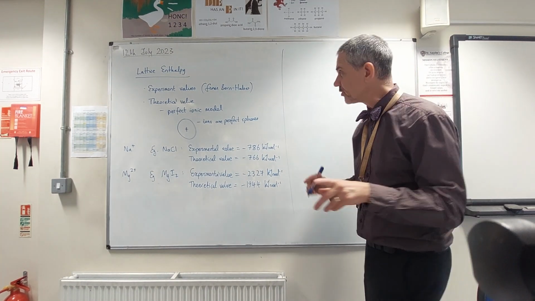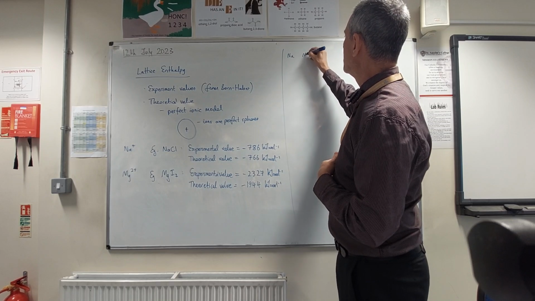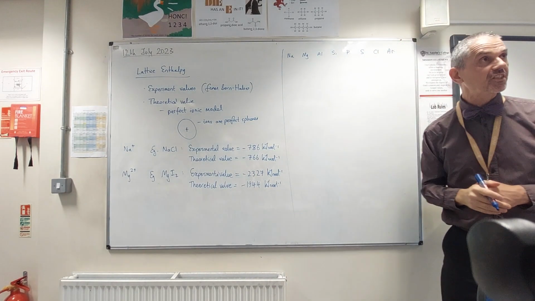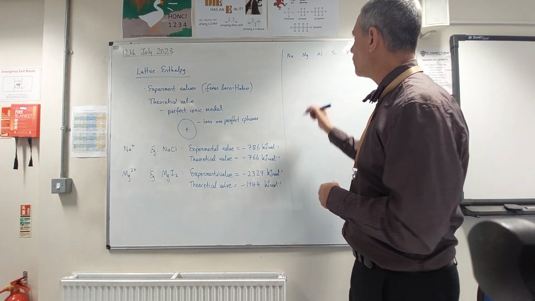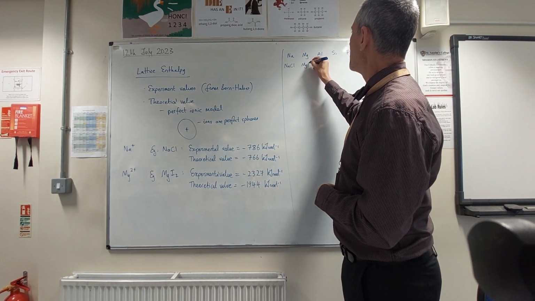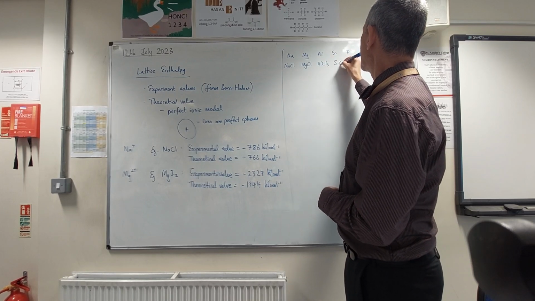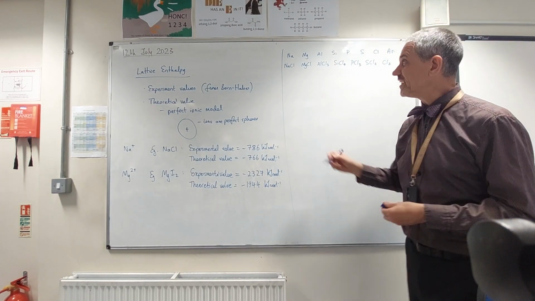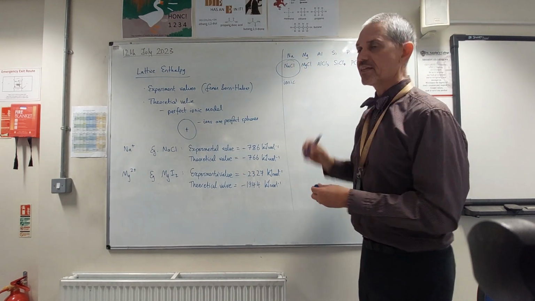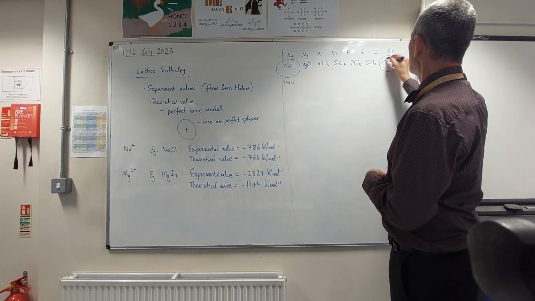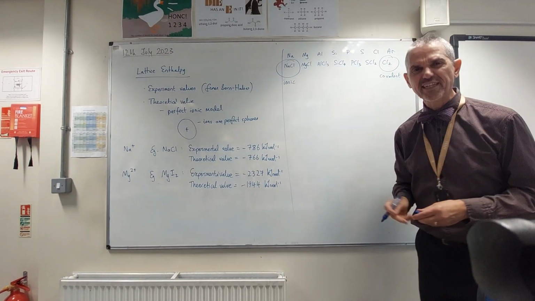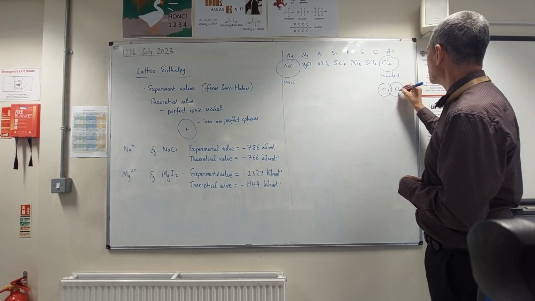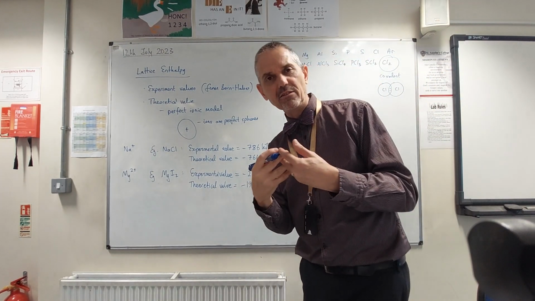But if I go across the periodic table from sodium all the way to argon, and then I make chlorides of those, I have sodium chloride, magnesium chloride, aluminium chloride, silicon chloride, phosphorus chloride, and so on.